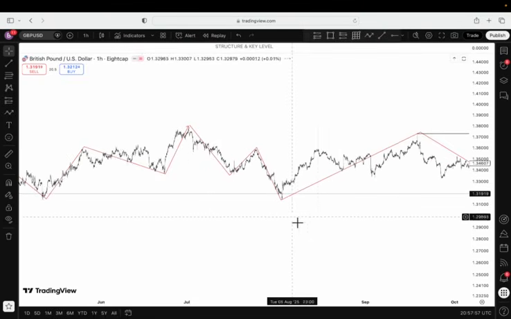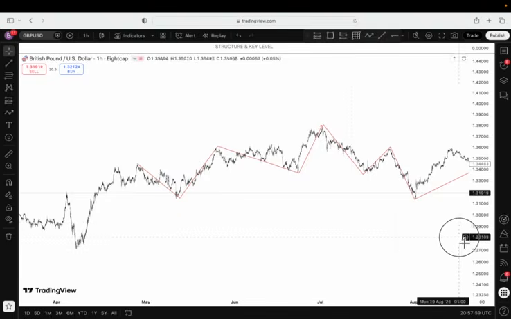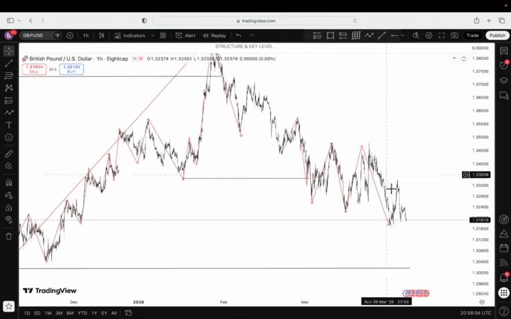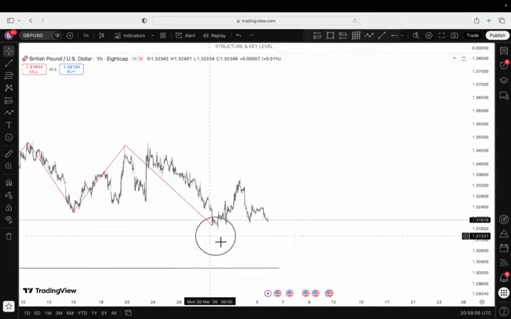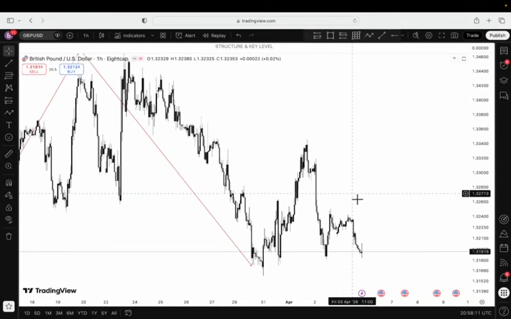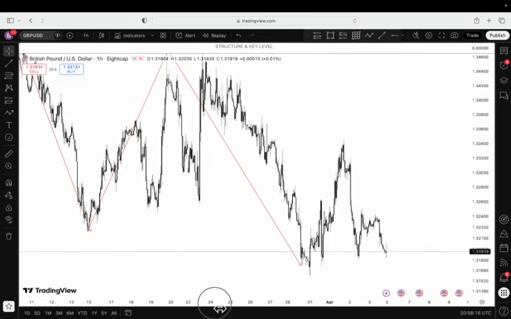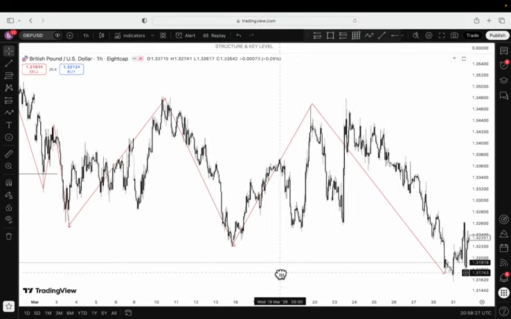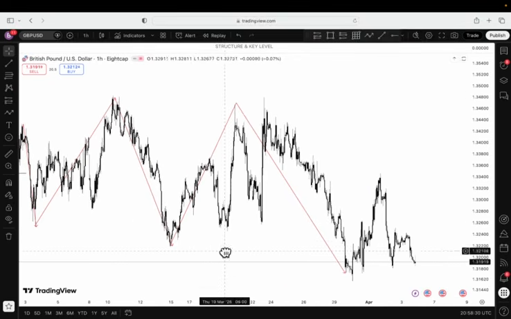I don't know how much this pair respects QML, the Quasimodo reversal, because it's more of like an arrow as the reversal, L as Quasimodo level. But I know one thing I know about this pair is about their key levels. It respects normal RBS and SBR in line with the market structure.